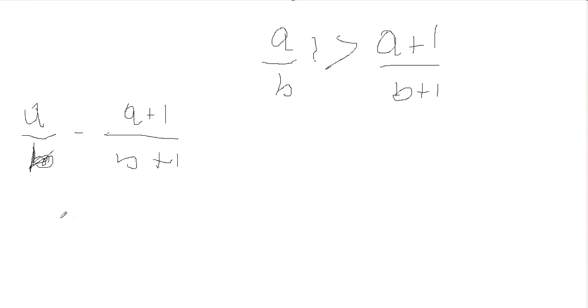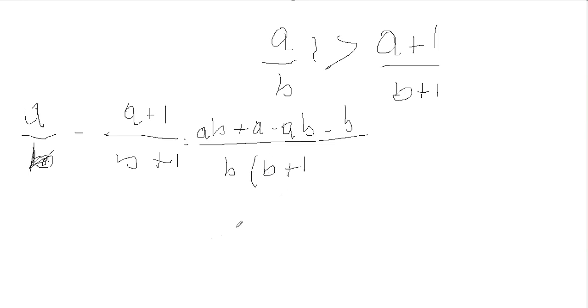Let's work with this one. Here I'm going to have AB plus A, and now I'm going to subtract AB and have minus B, minus B, over B times B plus 1.